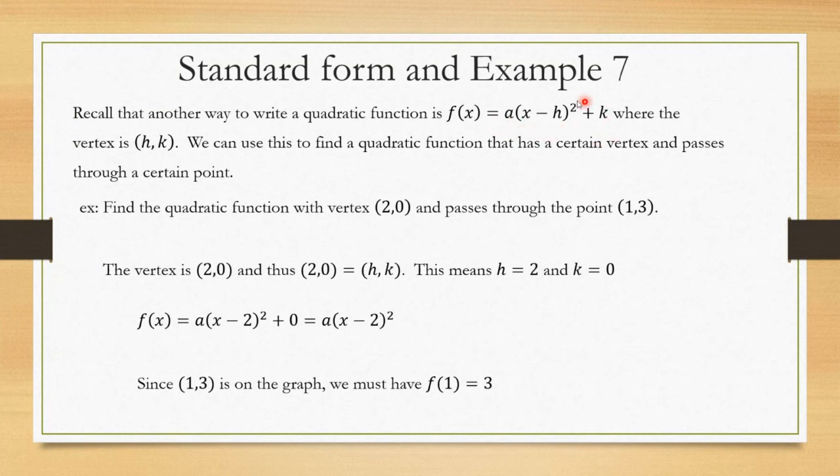Now, another purpose this serves us is the following. If we wanted to find a quadratic function, knowing its vertex and a point it passes through, we can do that.